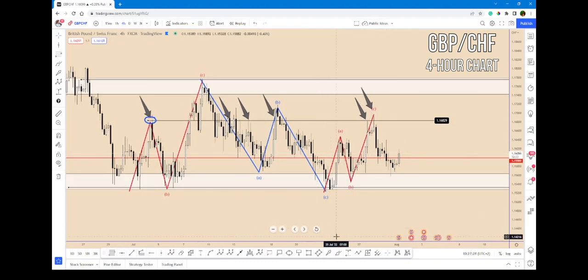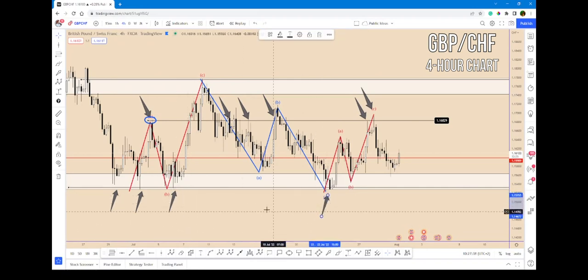So what I'm thinking is that as long as the support area from the lower part of the structure is still holding, it looks very interesting at this point. Price can make approximately a movement like this one here without reaching the bottom of the structure.